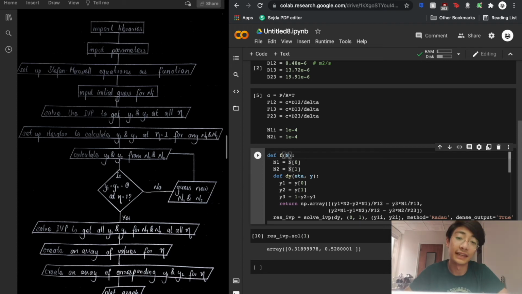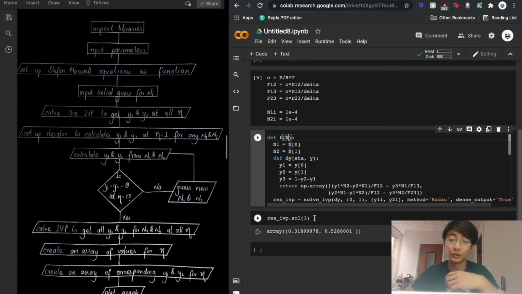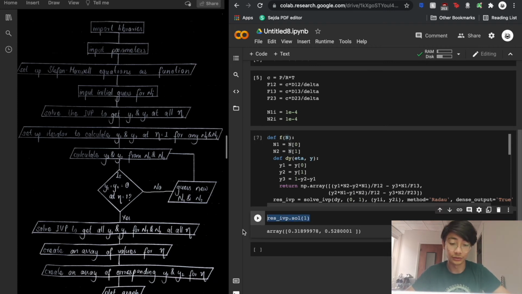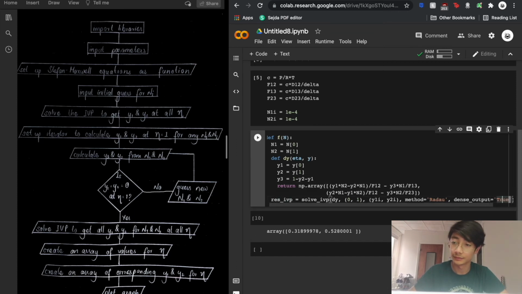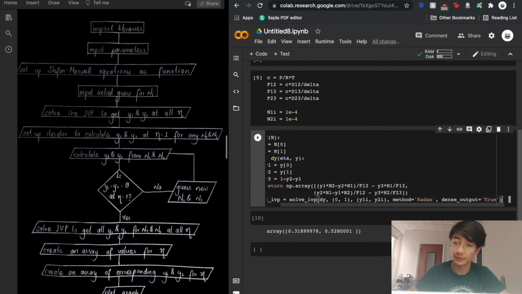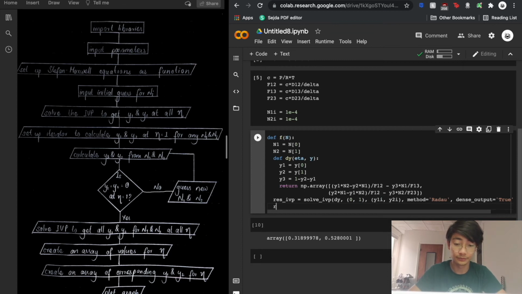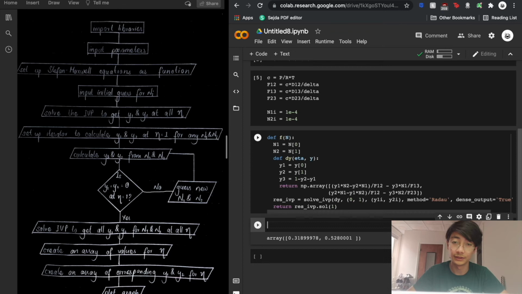So what this means is that this is a function that takes the two values n1 and n2 as an array, and it returns us the solution at 1. So in order to do that, what we can do here is return that. So okay, that works.